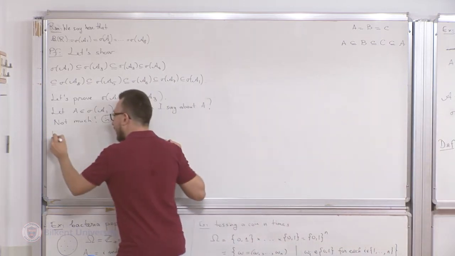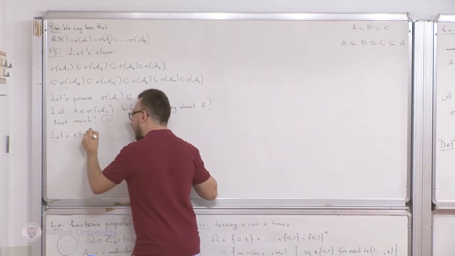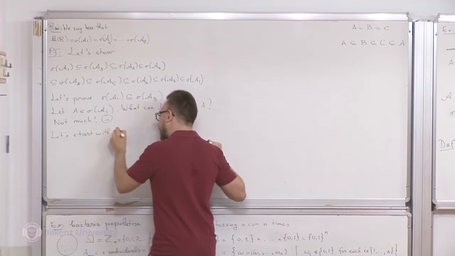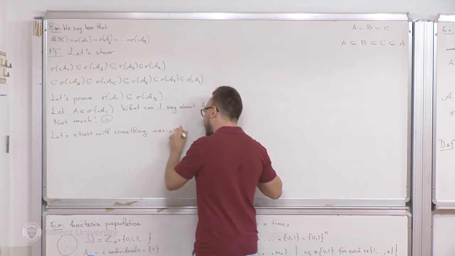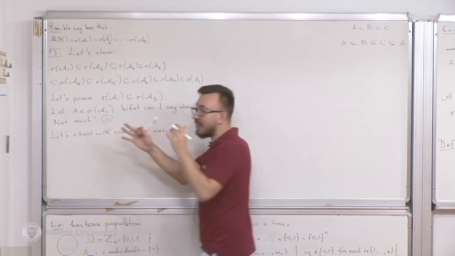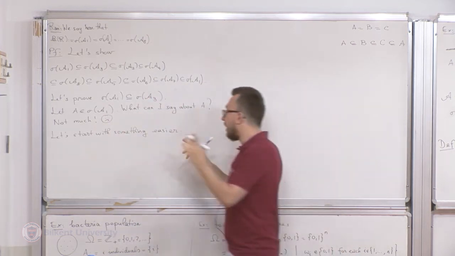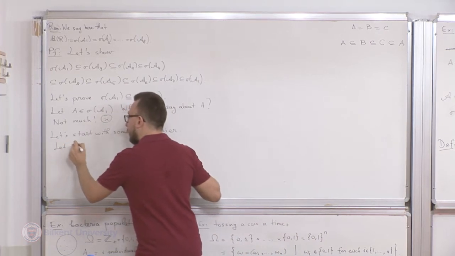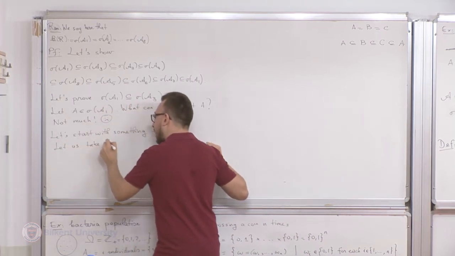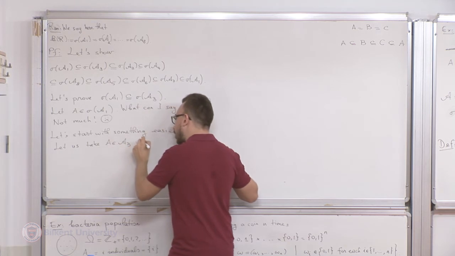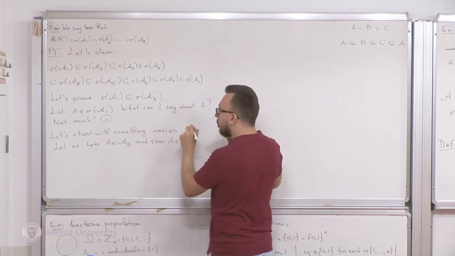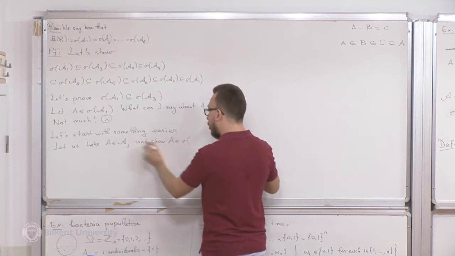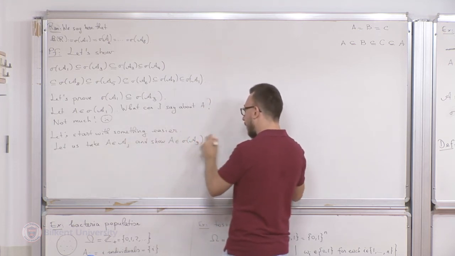But let's start with something easier. Let's start with something that has a concrete structure. Let us take A in A1 and show that it's in sigma A3.